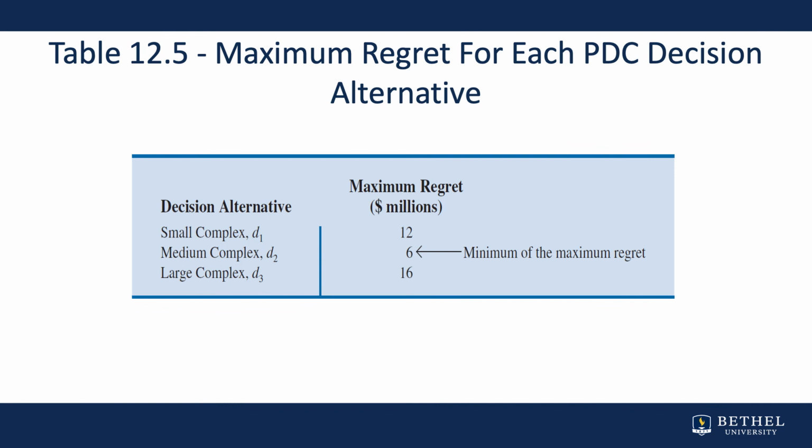Table 12.5 shows you the maximum regret for each of the decision alternatives. So the maximum for the small complex is 12 million, the medium complex is 6 million, which is the minimum of the maximum regret. And then the large complex regret would be 16 million.